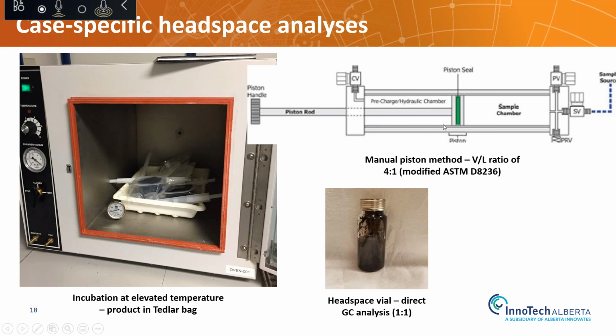And again, another method that has been developed recently is where you have more headspace compared to the product, and also with this piston setup, you get more distribution, more surface area, so you can identify the maximum VOC concentration you're going to get in headspace, and what's a more realistic VOC concentration you're going to get into headspace.